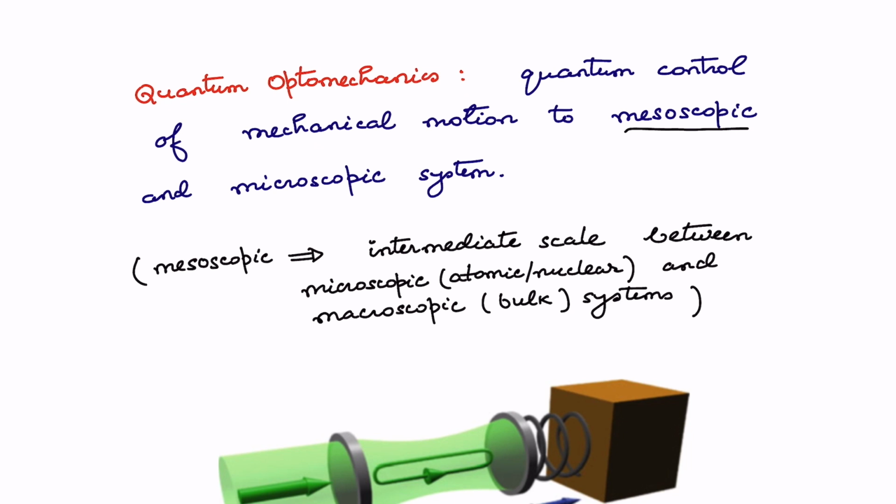By mesoscopic, we mean systems that are intermediate between microscopic, that means atomic or nuclear size systems, and macroscopic, which are bulk systems. So mesoscopic systems come in between these two sets of systems, microscopic and macroscopic.